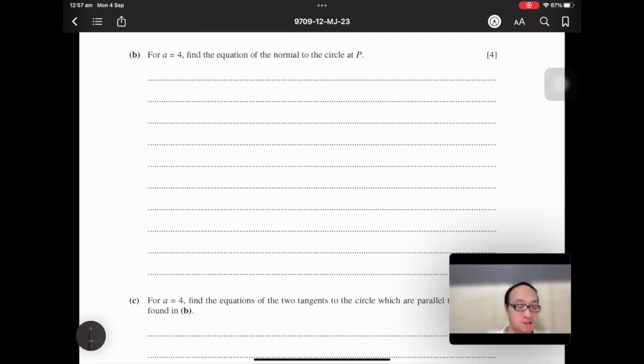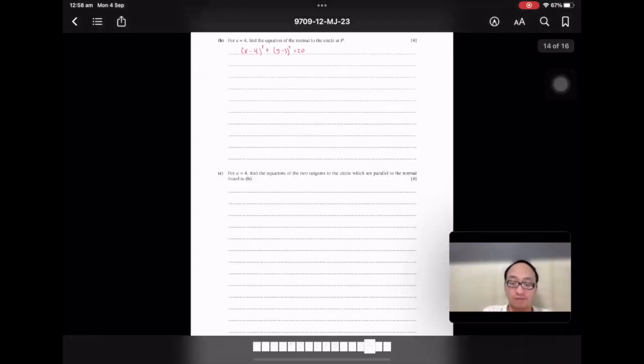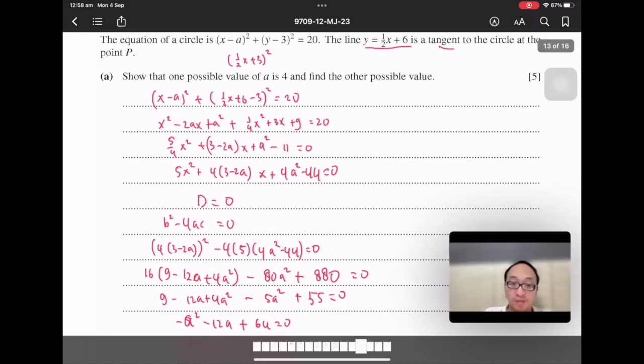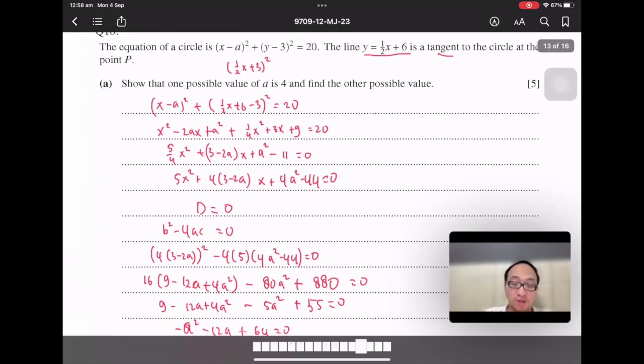Next, for a equals 4, find the equation of the normal to the circle at P. We know that the equation of the circle is (x minus a) squared plus (y minus 3) squared equals 20.